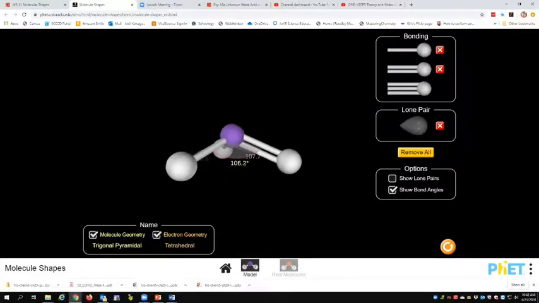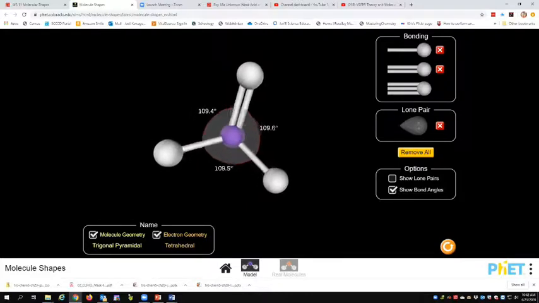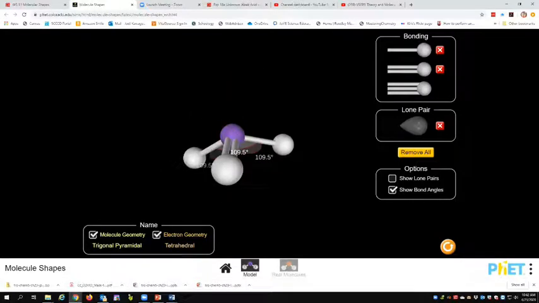And that is triangular, but it's not flat. It sticks up, so it's a trigonal pyramid. I think that's a much better way of thinking about it, because it's based on understanding rather than following a set of rules or looking at a table and trying to figure it out.